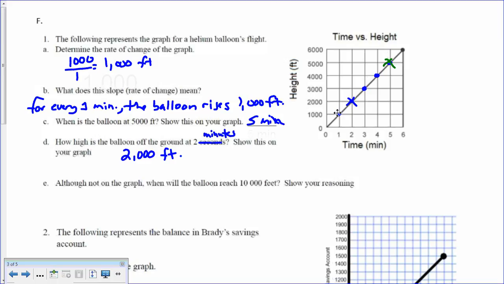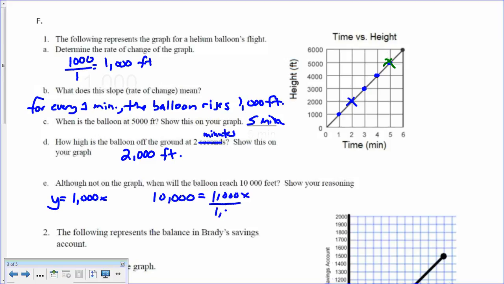So we figured out that for every 1,000 feet, right? So our equation is this, basically. There's no y-intercept because if we don't let the balloon go, it doesn't go anywhere. So if we wanted to figure out how long it takes the balloon to reach 10,000 feet, we're going to plug 10,000 in for y and solve for x.